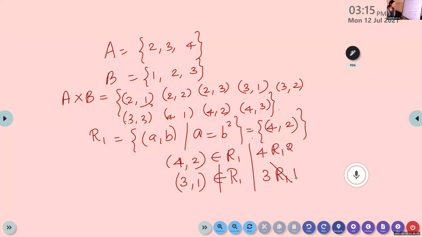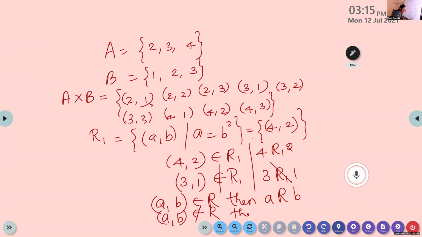So in general, suppose the ordered pair (a, b) belongs to the relation R, then we can write a is related to b under the relation R. If (a, b) does not belong to R, if it is not an element of R, then we write a is not related to b. Get familiar with these notations.